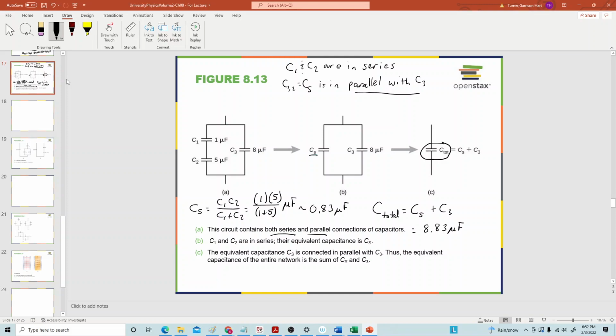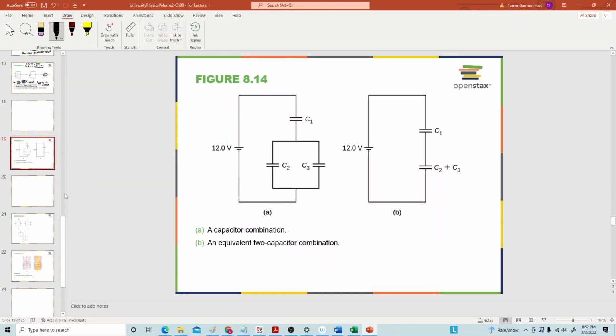Okay? So, what if we move to this example? And this example is pretty close to the same thing. It's one situation, but they break it down like they did in the previous one. So these two capacitors are now in parallel.